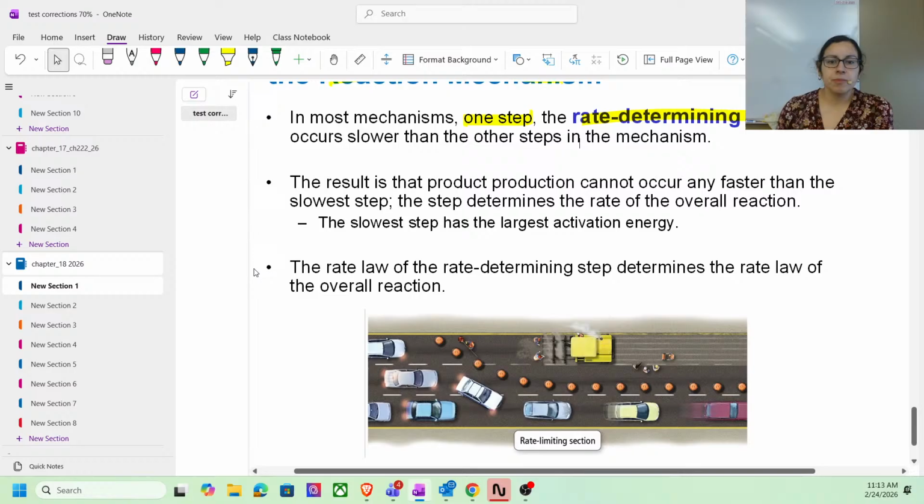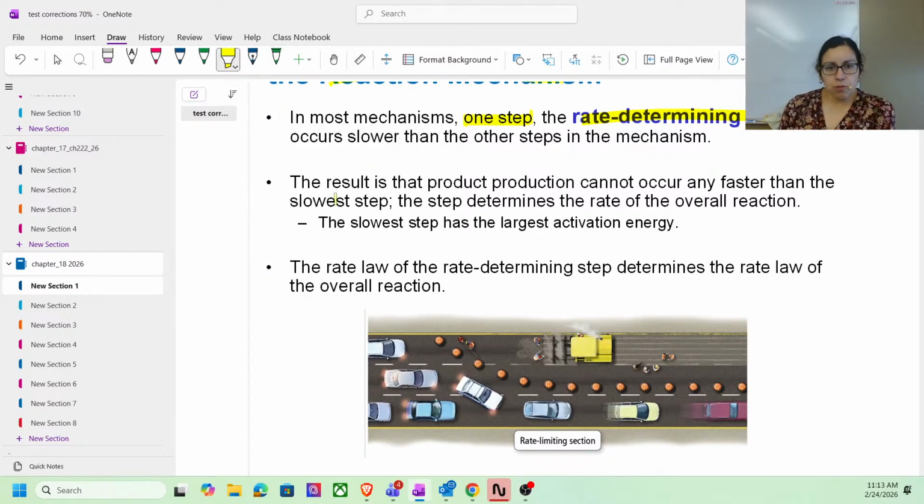And so the trick is, of course, that our product production cannot occur any faster than our slowest step. And so this step determines the rate of the overall reaction. Why this is has something to do with activation energy. We can get into catalysts, how we lower the activation energy, creating a new pathway.